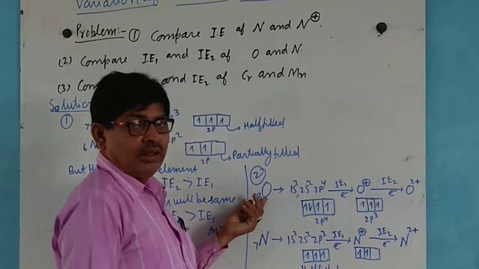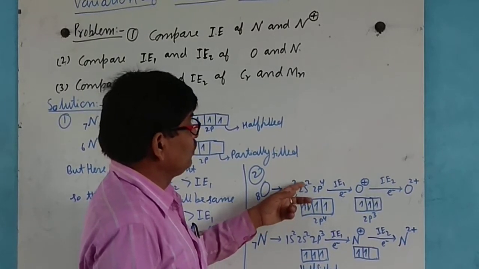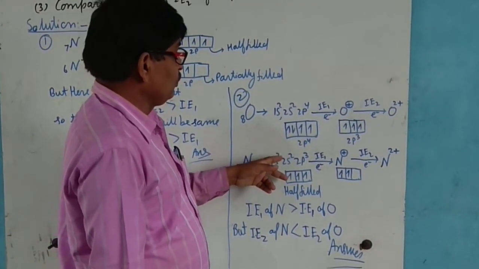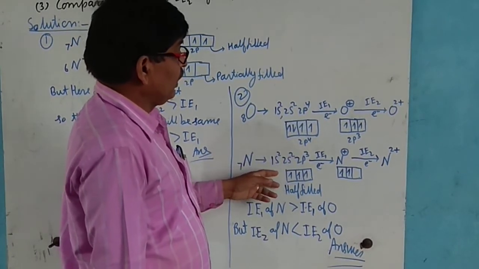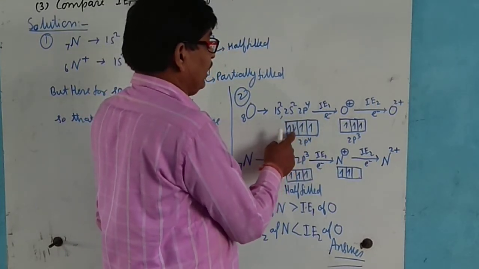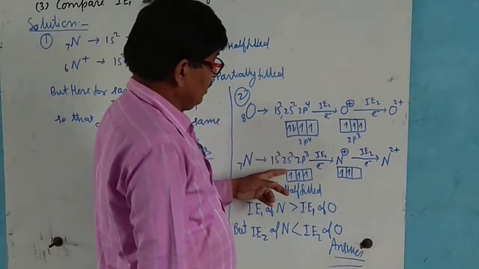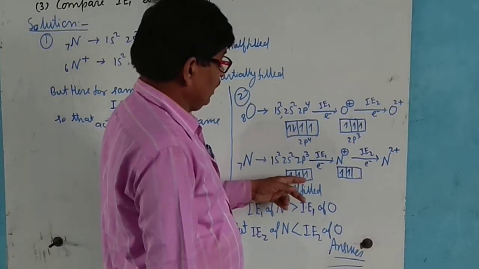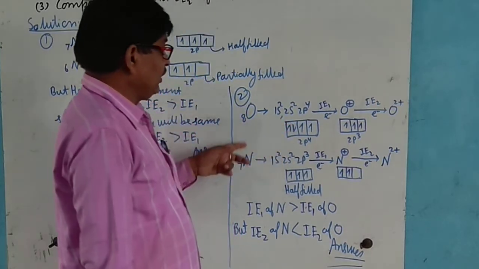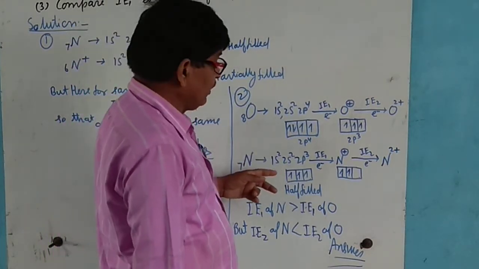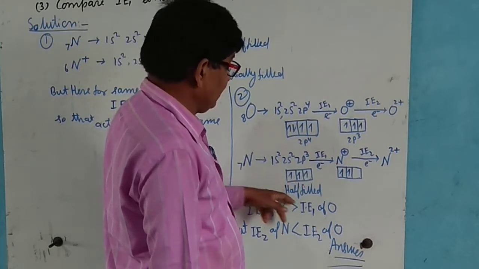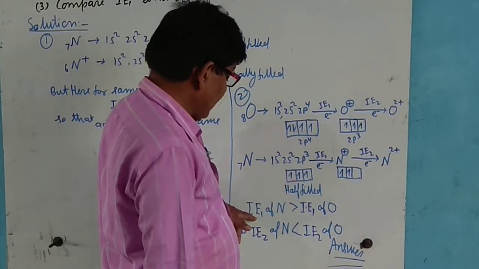Oxygen atomic number is 8, 1s2 2s2 2p4, and nitrogen is 7, 2p3. The 2p orbital of oxygen has 4 electrons, and nitrogen has 3 electrons. Nitrogen is half filled, oxygen is partially filled, and both are different atoms, so here the half filled rule applies.